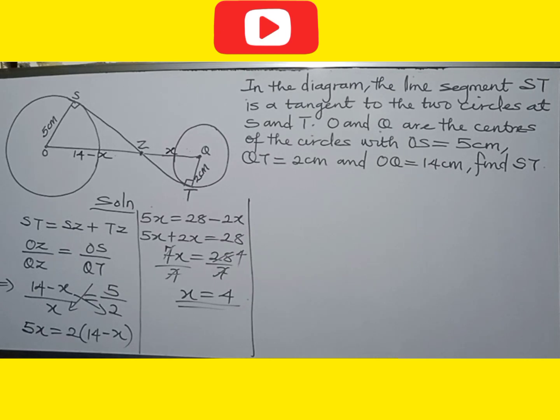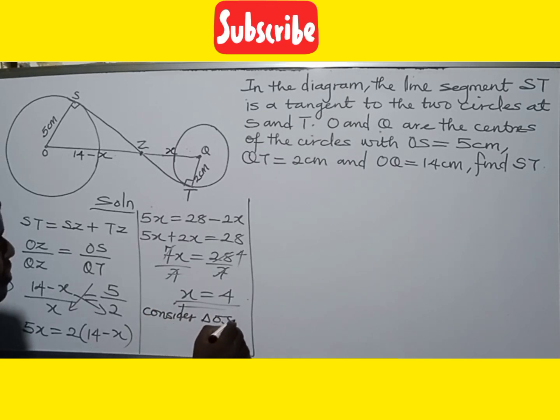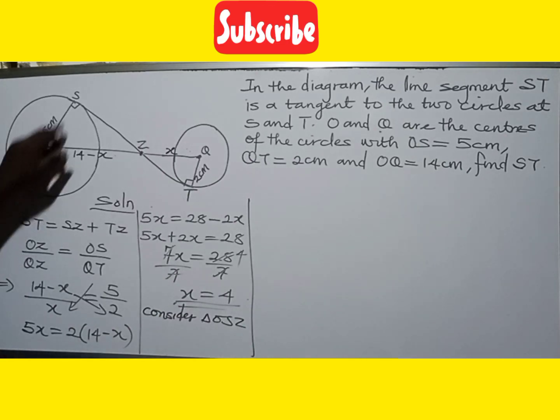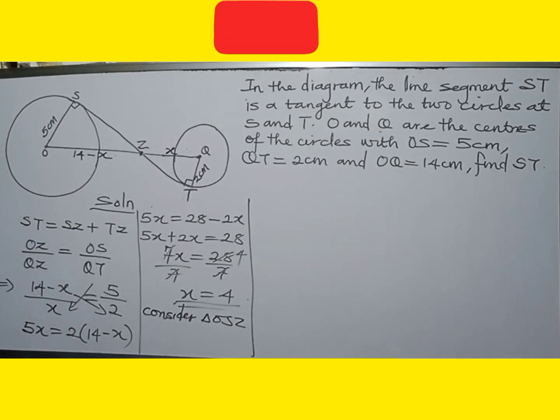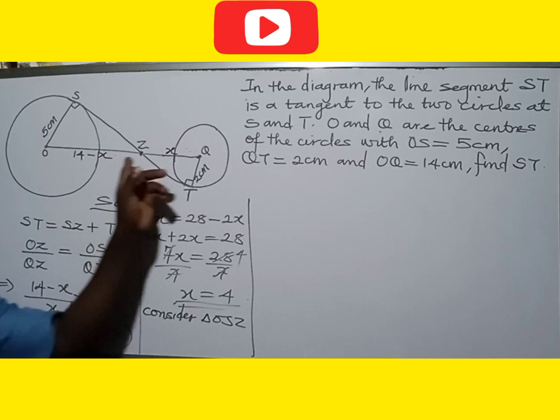Now, we need to consider the right angle triangles one after the other. Let's first consider triangle OSZ. If I consider OSZ, my hypotenuse will be 14 minus x.